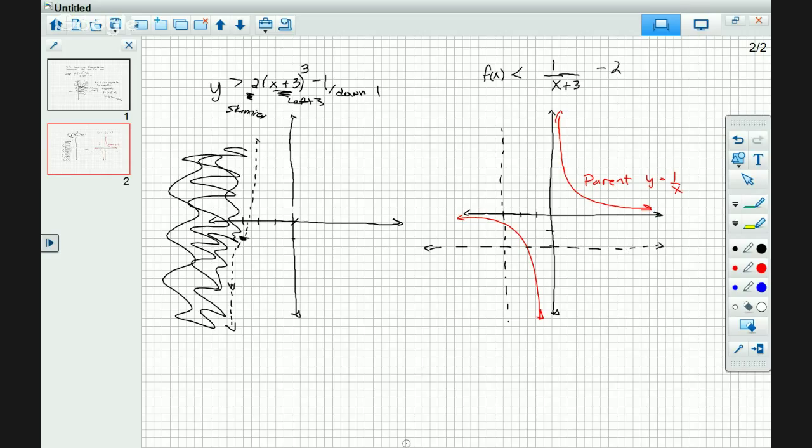Okay, that kind of gives us our boundaries for the rational function. So all I'm basically doing is moving the whole thing over here. Because I haven't multiplied the x by anything, it's not skinnier or wider, it's not negative. It's going to be dashed, right?